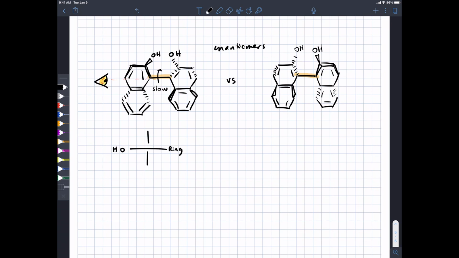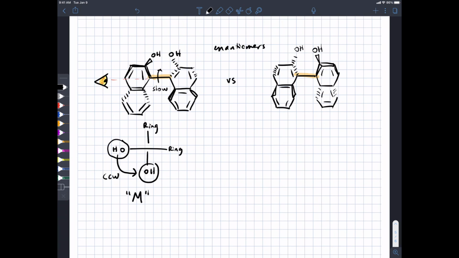Then in the back, the OH group would be pointing down and the ring would be pointing up. We identify the highest priority group in the front, which is the OH group. Then we identify the highest priority group in the back, which is the OH group. Then we draw an arrow from the priority group in the front to the one in the back. That is counterclockwise rotation. So the designation for that is M.